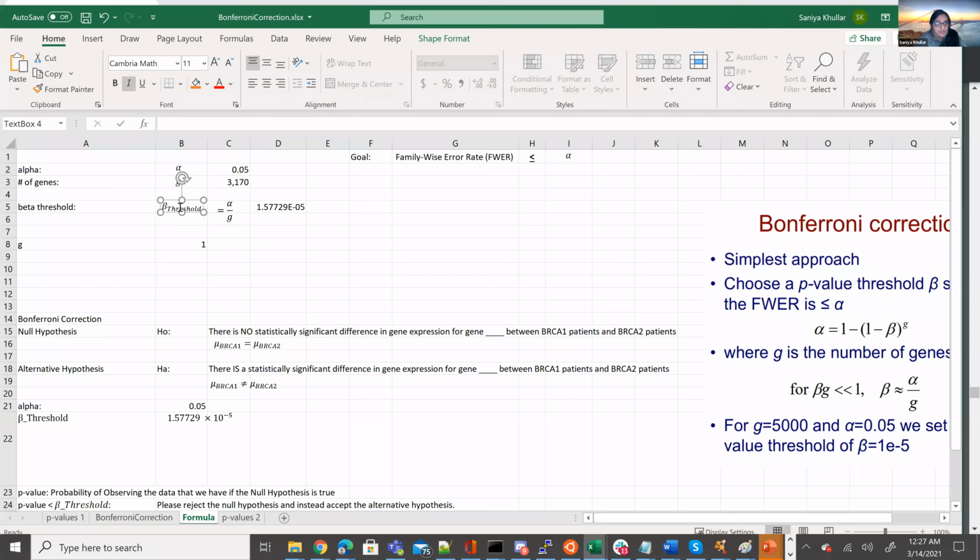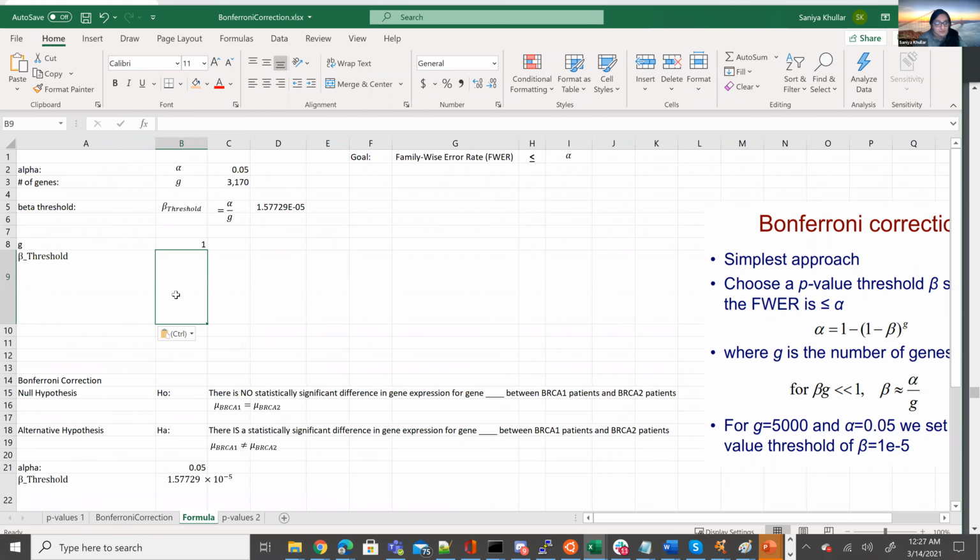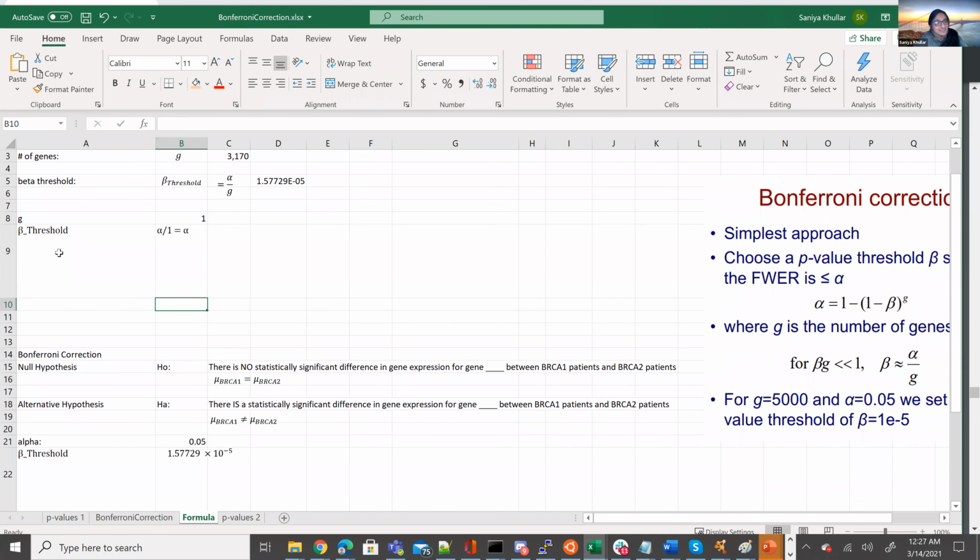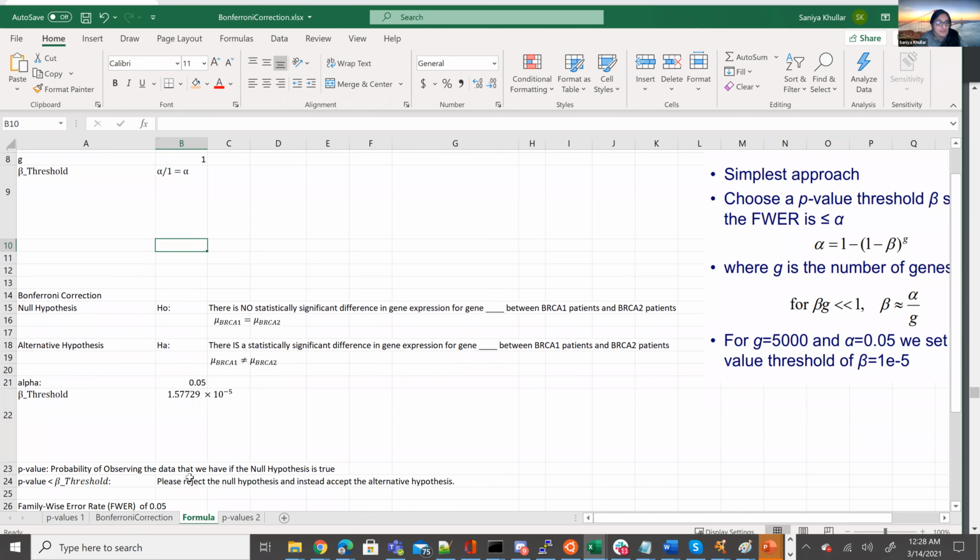Beta threshold is equal to alpha divided by G, and G is just 1, so it's just equal to alpha. That's typically all that it is.